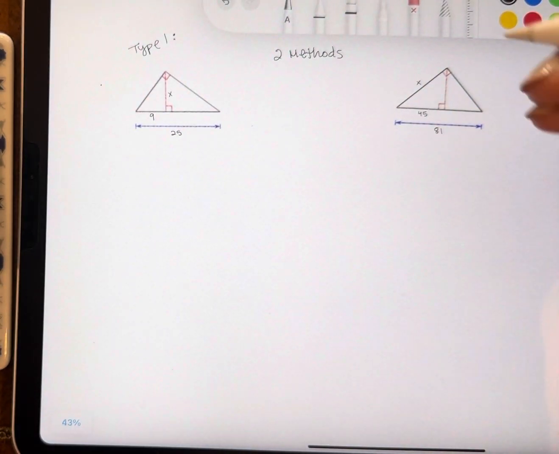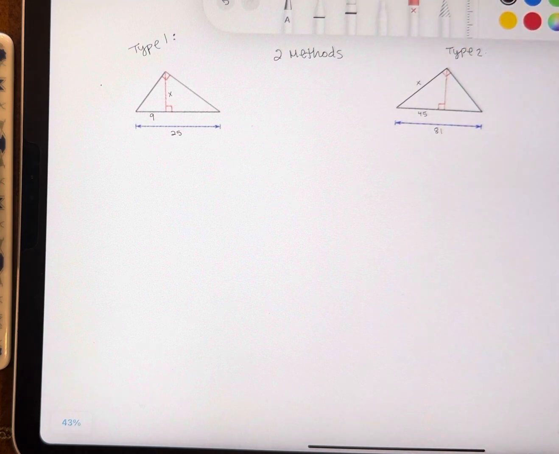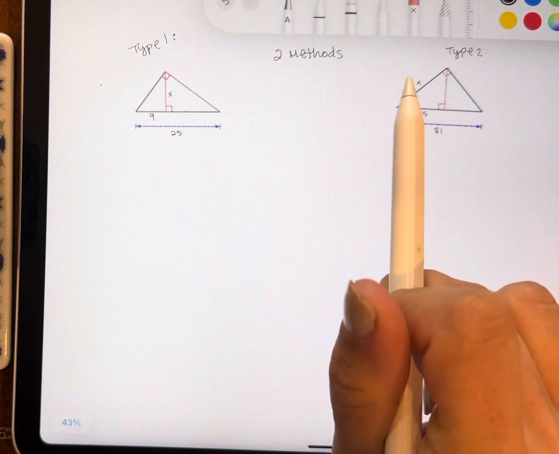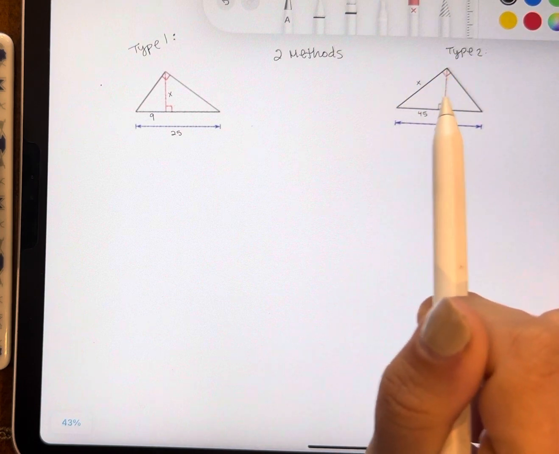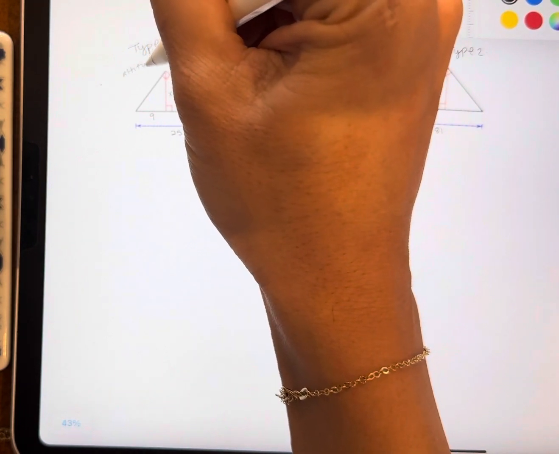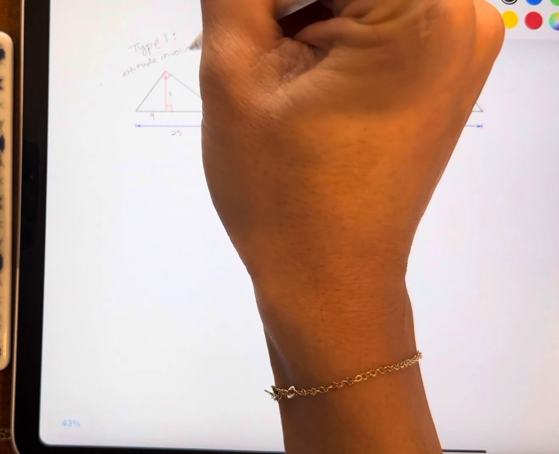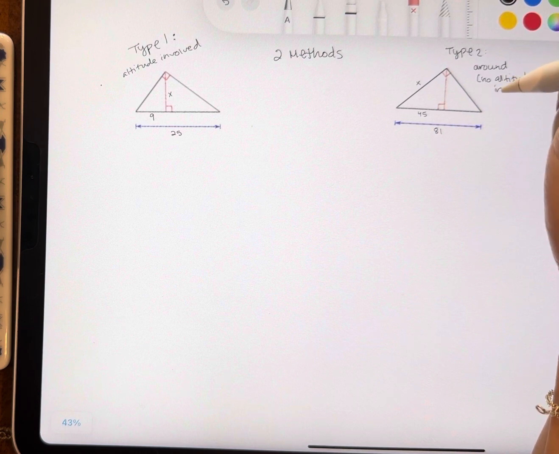Then there's the second type, where we're working with values around the triangle and we do not have the altitude. So in type 1, altitude is involved, and in type 2, we're only going around, no altitude involved.